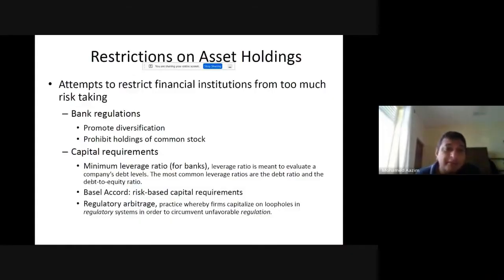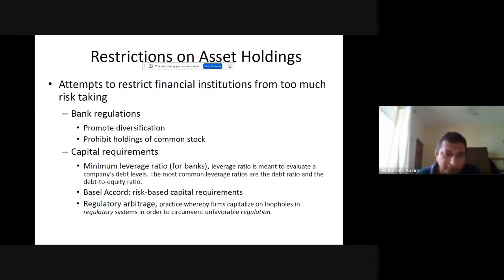They introduce minimum leverage ratios. Okay, so the debt to equity, that is the leverage. So you create debt, but that creation of debt has to be up to a certain percentage of your equity. Up to 12 times.